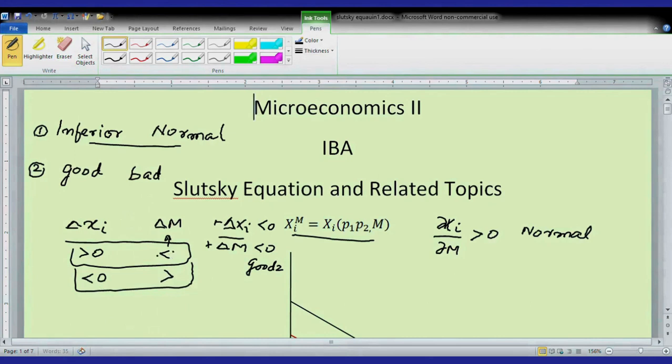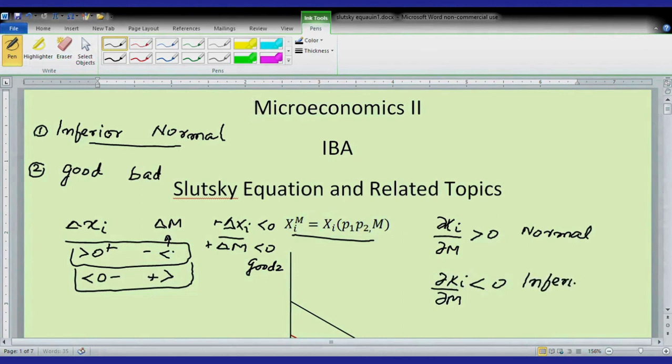If this is negative, then this is positive, and if this is positive, then this is negative. So one of these two, denominator or numerator, is less than 0 and the other one is greater than 0, so the ratio is going to be negative. And this is like saying that this derivative ∂xi over ∂m is less than 0, and this tells us that the good in question is an inferior good.